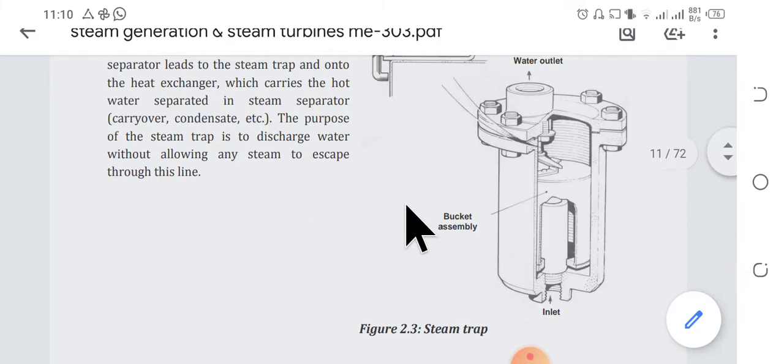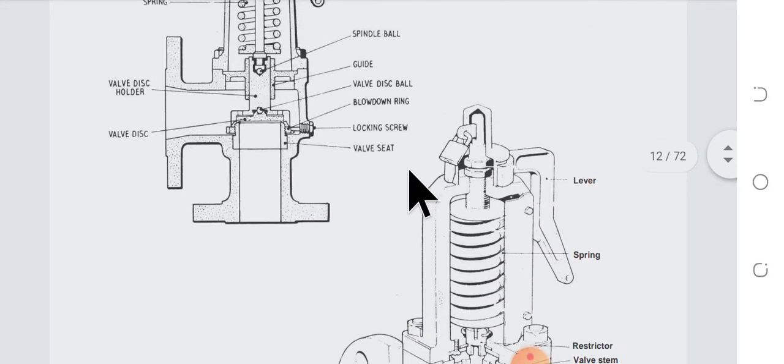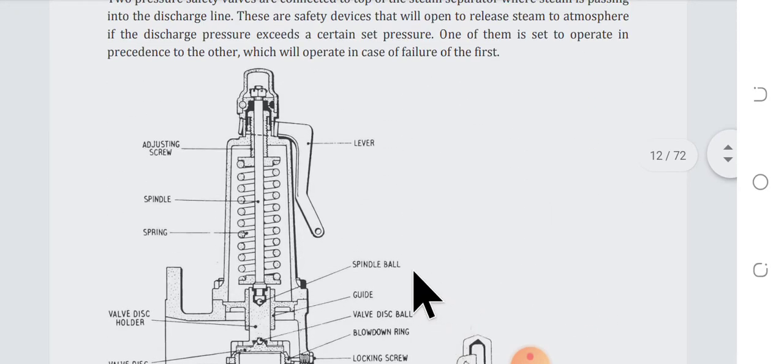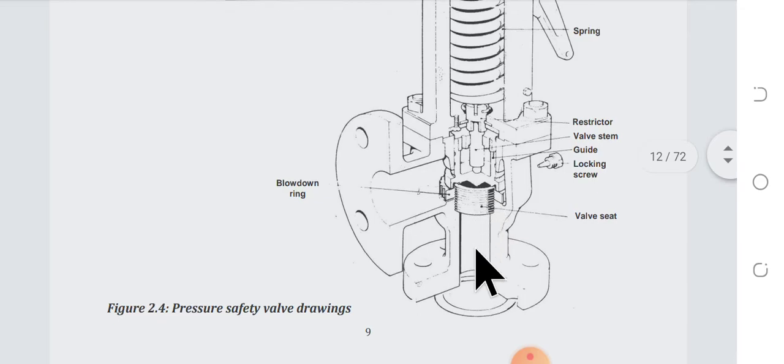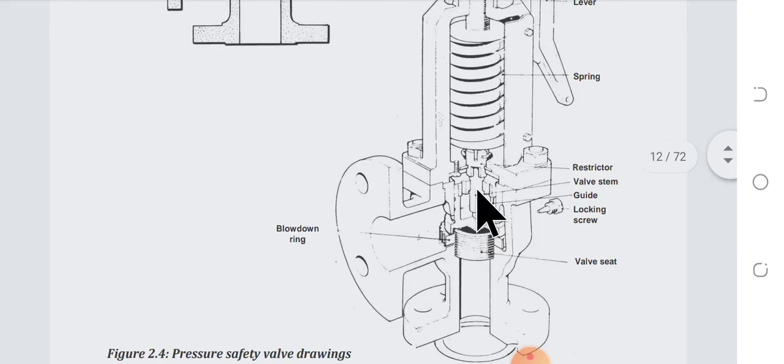Now this is the safety valve. A safety valve is a simple spring loaded valve. We have a spring coil connected over here that continuously exerts pressure on the piston, and it has some elastic force. This elastic force is just equal to the set pressure.